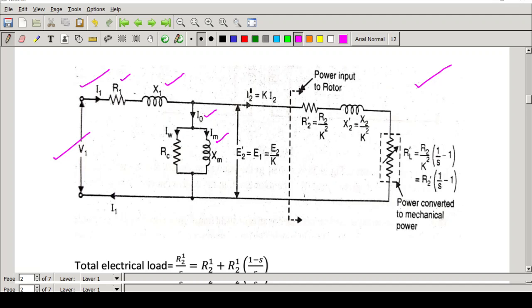This is a magnetizing component, and this we can take as a core loss component. Here we are referring all the values on the rotor side with respect to the stator.